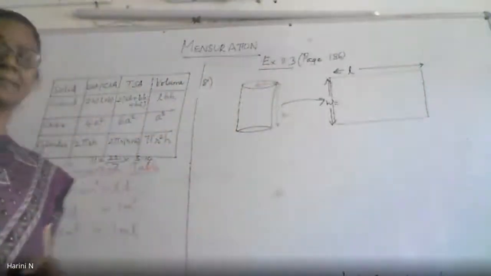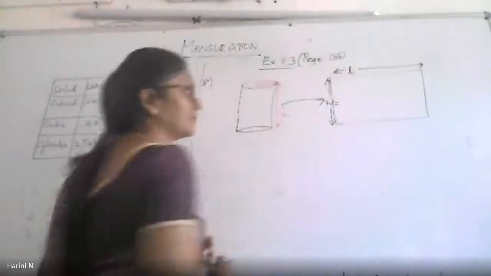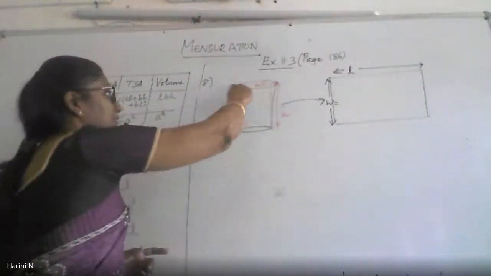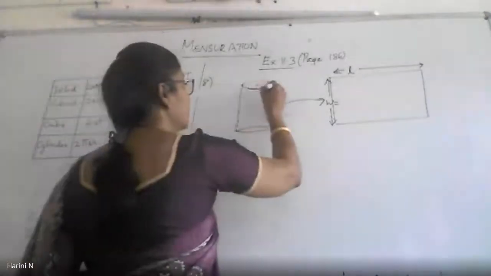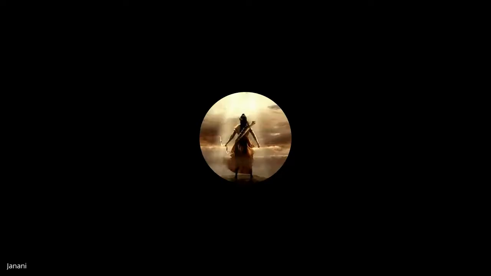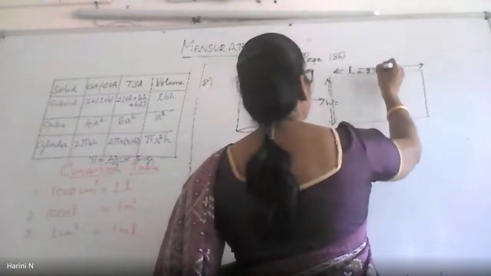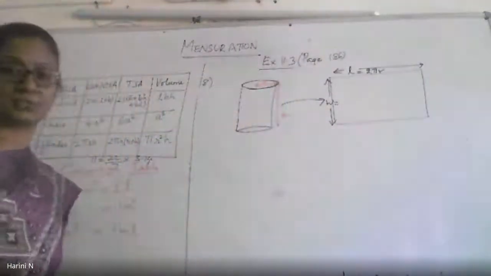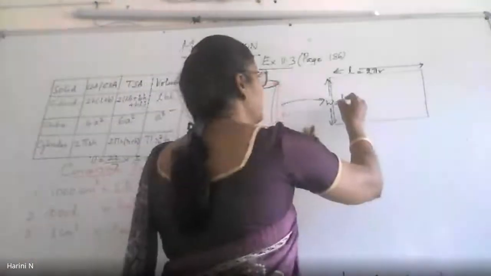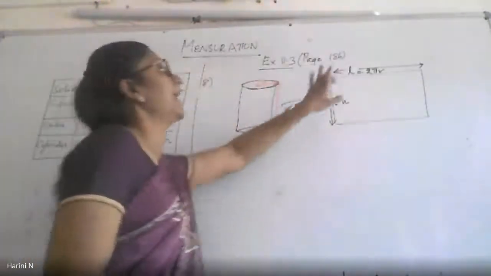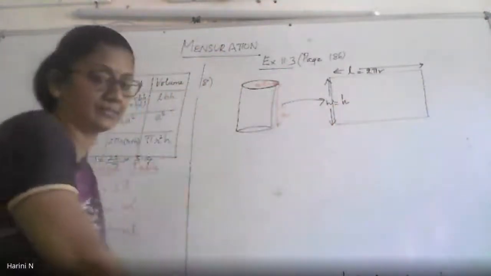Where has the length come from? This will open up fully to form the length. I am talking only about the boundary of the cylinder. Yes, it is the circumference. So this L will be 2 pi r, where r is the radius of the cylinder. So the width of the rectangle is equal to the height of the cylinder, and the length of the rectangle is equal to the circumference of the cylinder.